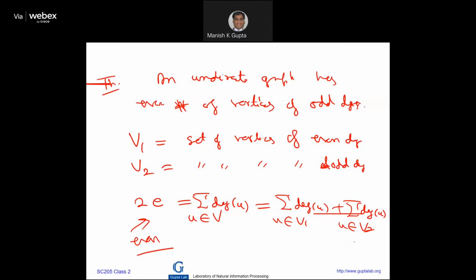So from here you can clearly see that the number of vertices of odd degree is even. All even. Okay. Anyway.